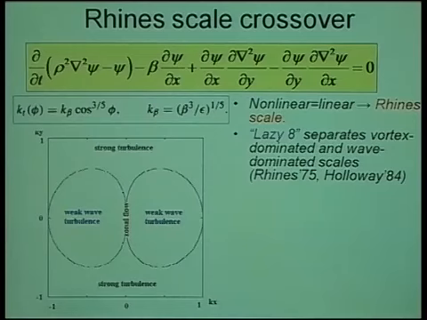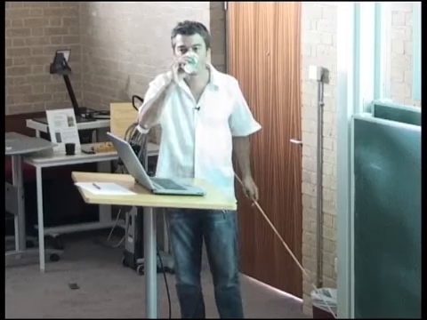If you're not used to that, it should look like that. Why is it lazy 8? Because it's sleeping. It's Greg Holloway's name. If you just redefined Y and X, it would become an active 8. That's why I decided not to, because it would entail a change of terminology and nobody would recognize it anymore.